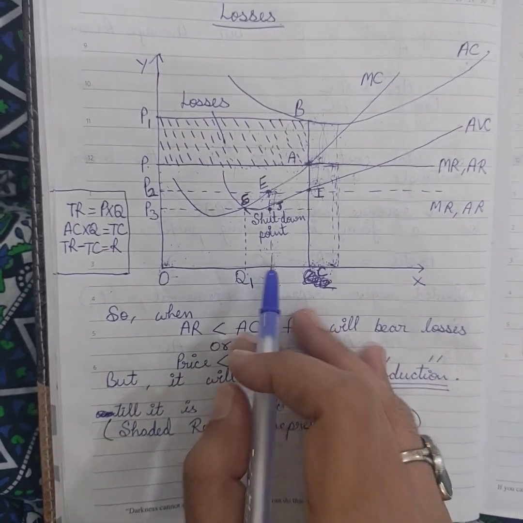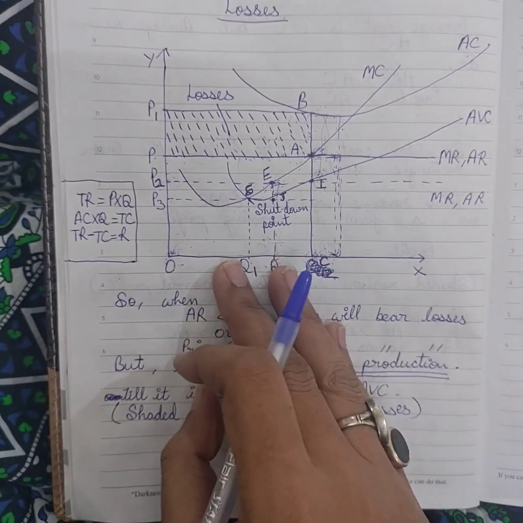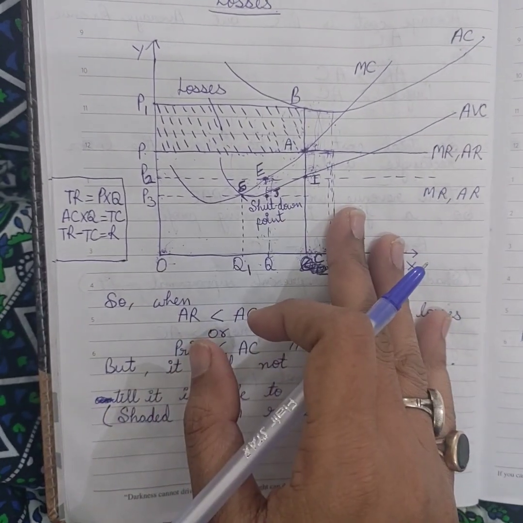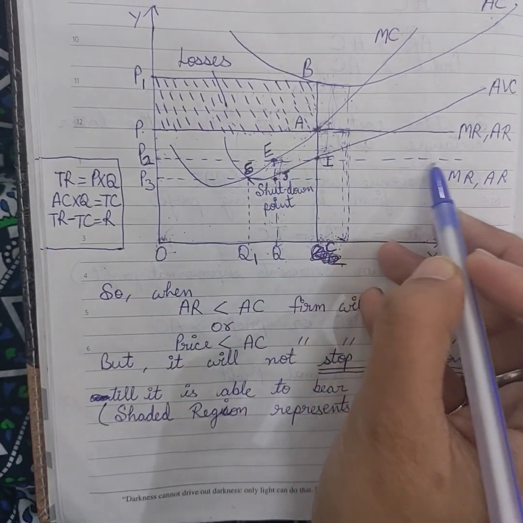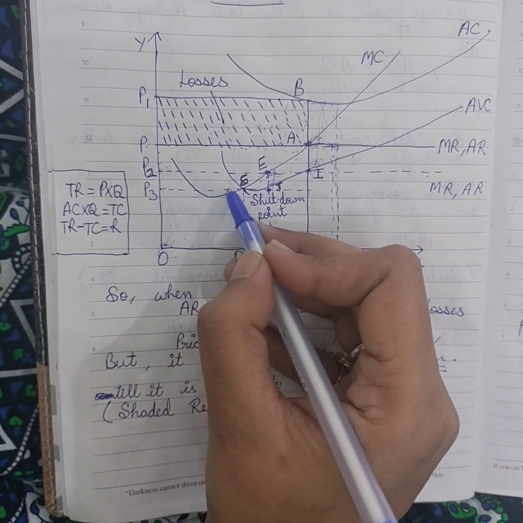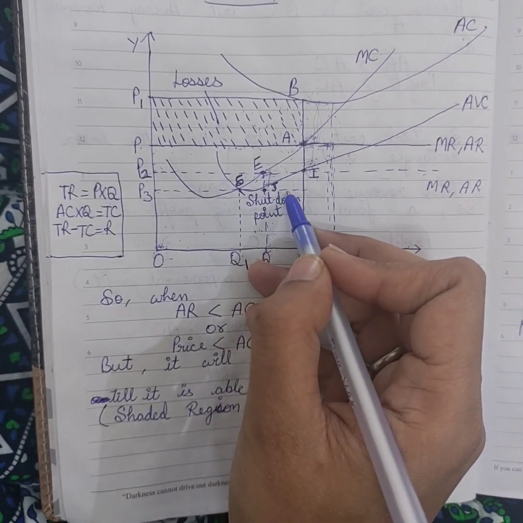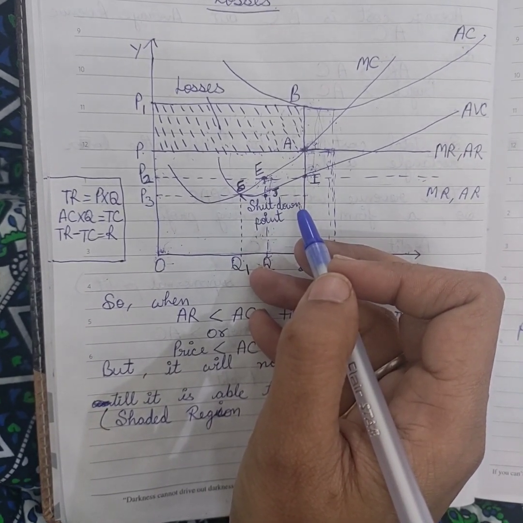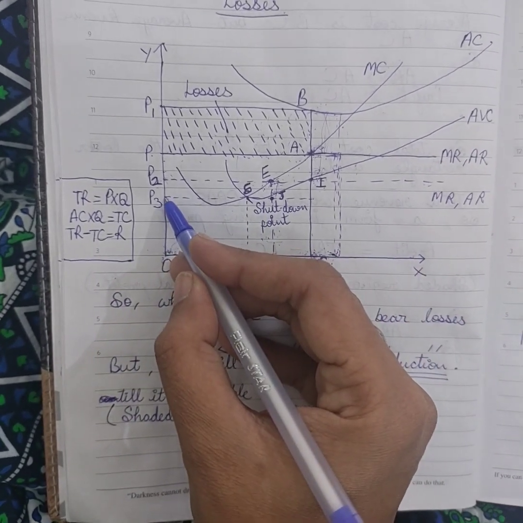Now let's assume that demand again decreases in the market and so do the prices, obviously. Now again what will happen? The price line will shift a bit lower. Our price line was here, now it will shift lower here, and the price becomes OP3.